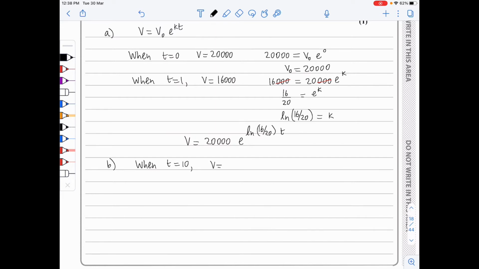So v is 20,000 e to the ln of 16 over 20 times 10. My calculator is giving me a value of 2,150 pounds. This is close to the observed value of 2,000. And hence, we can say that the model is reliable.